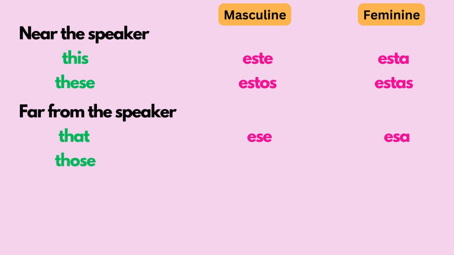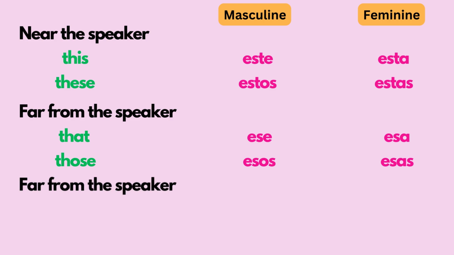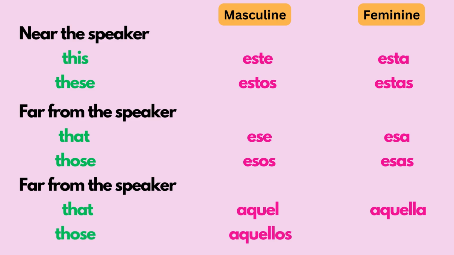As for the plural forms, we have ESOS masculine and ESAS feminine, both meaning those in English. In the table, we can also see the singular forms aquel and aquella, that also mean that in English, and the plural forms aquellos and aquellas, meaning those.